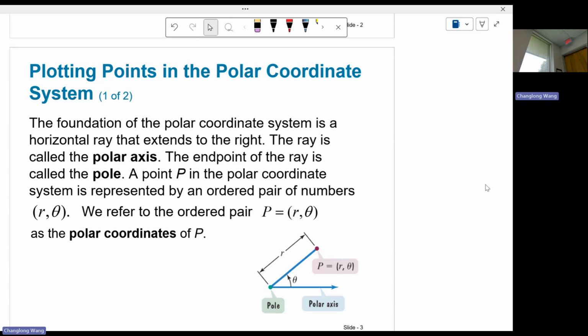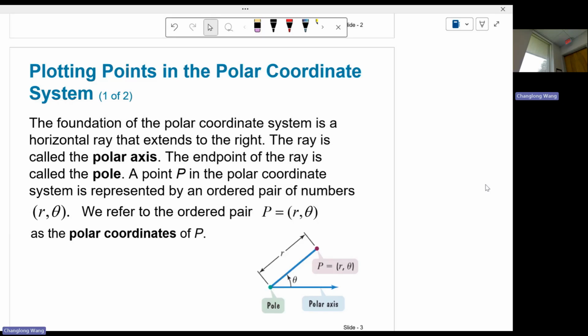Don't you want to know how far that point is from, say, a military facility, or from what direction? That's also pretty important. So it's coming here or there. So that's what you should think about the polar coordinates.